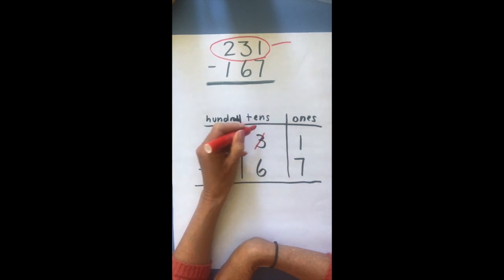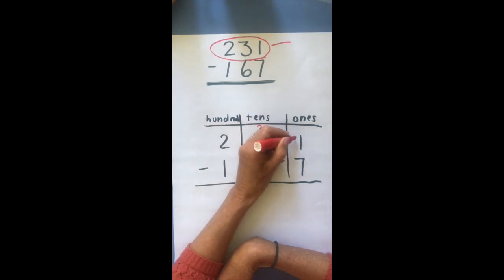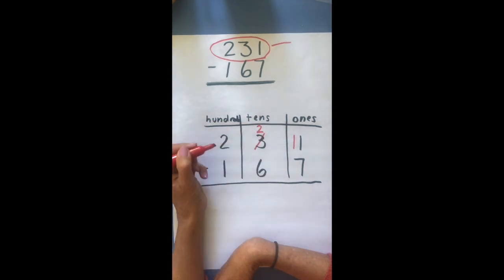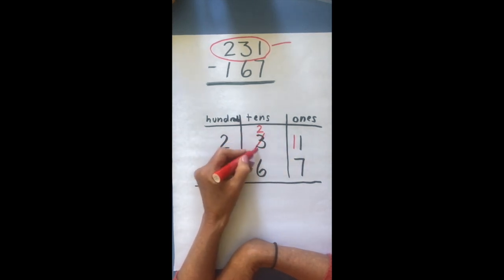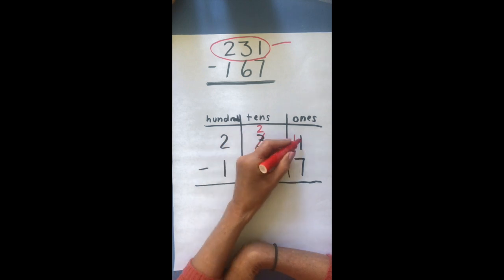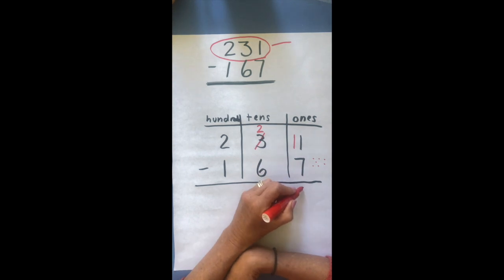You're going to be left with 2 10s. So you go next door and grab 10 more. So I grabbed a 10, right? Because 1 plus 2 is 3 10s. But now I can subtract. So I have 11, take away 7. So 11, 10, 9, 8, 7, 6, 5, 4. So I know that's 4.